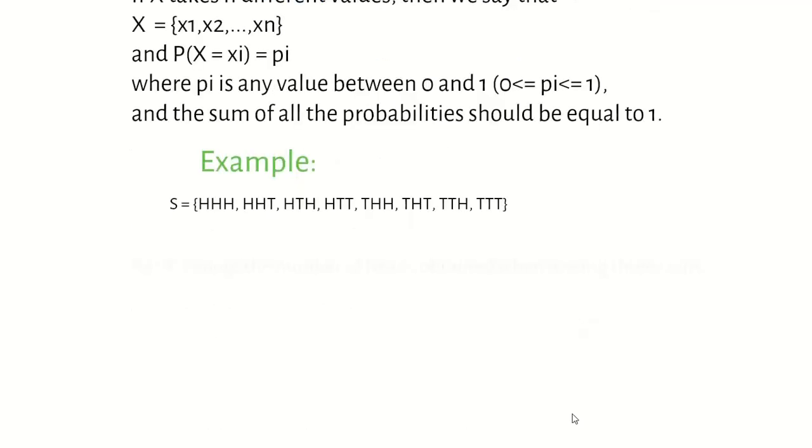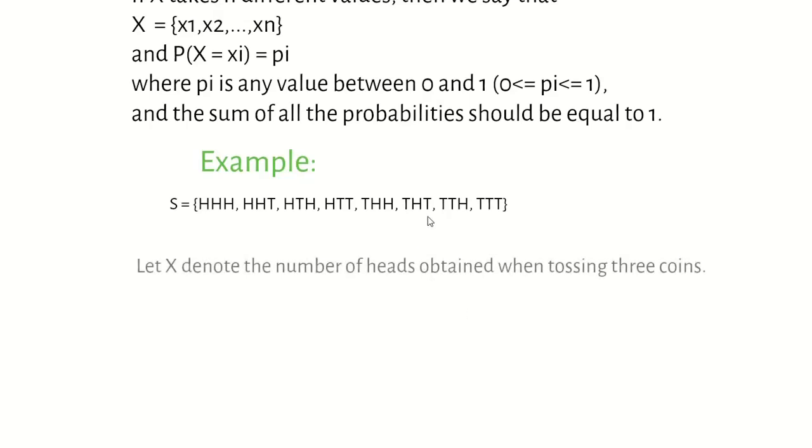Let's see one example. Let's go back to our experiment of tossing 3 coins. We have said that the sample space for that experiment is a set formed by these 8 possible outcomes. So if we denote X the number of heads obtained when tossing 3 coins, what values can X take?